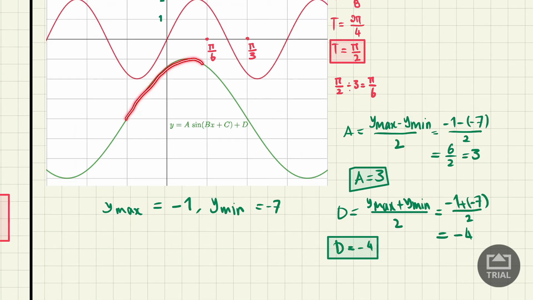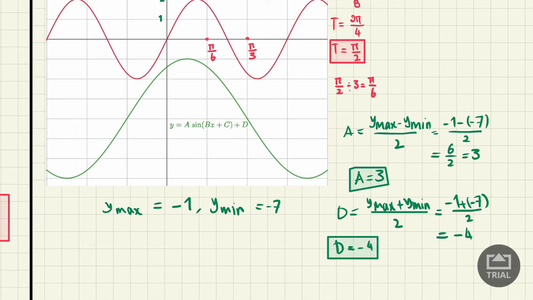So this is half a period. Yes? Do you agree? This half a period contains 3 grids. Yes? So the full period is 6 grids. Yes or no? Yes. Okay.